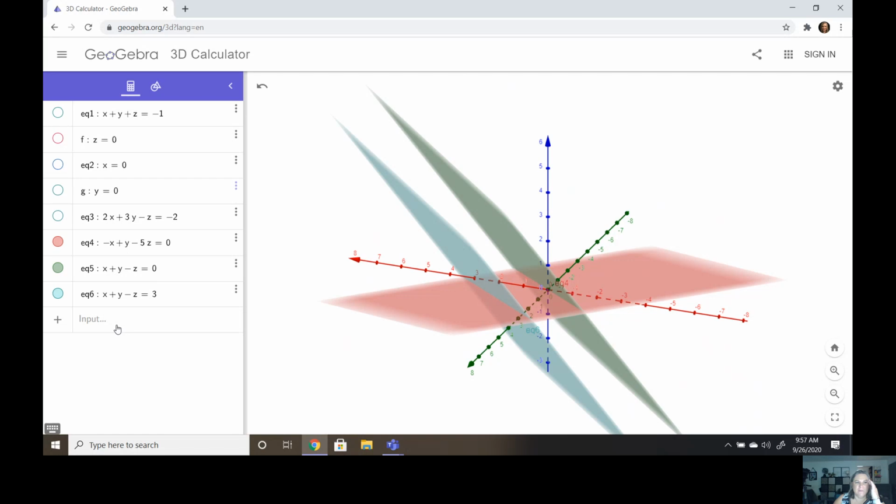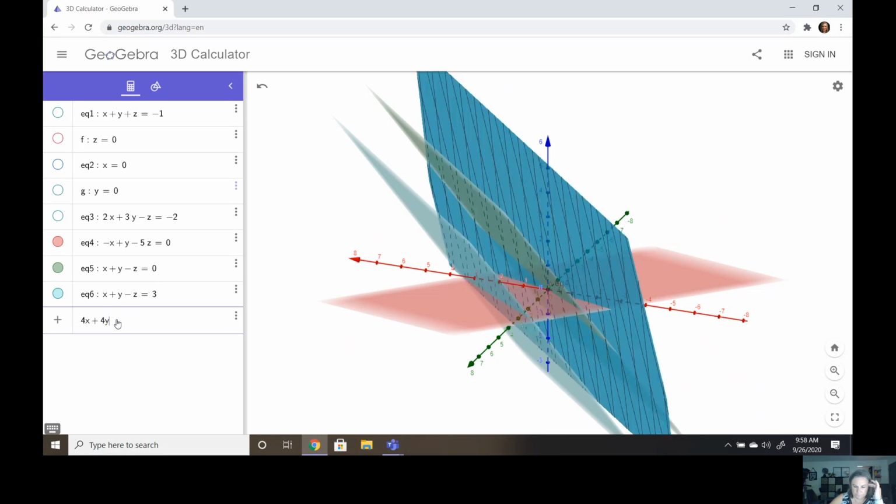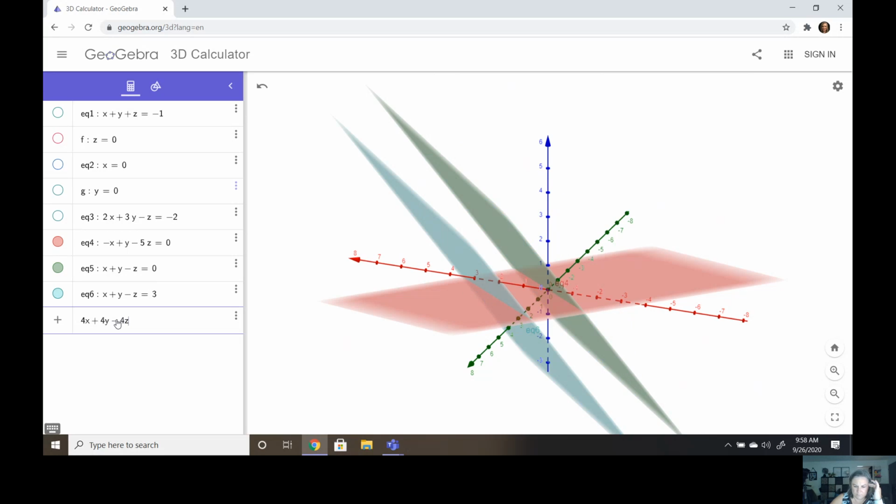And of course, we could have, say, 3 equations that are parallel. Let's move it a little bit.